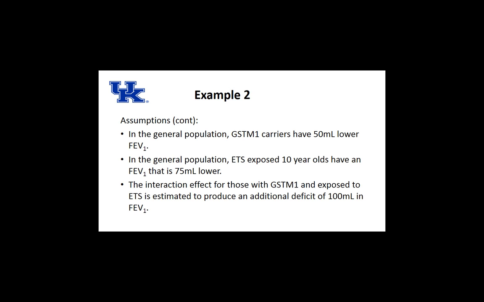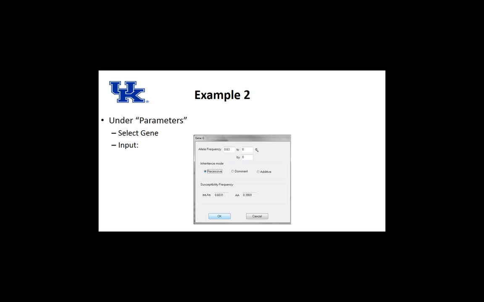Here we're assuming in the general population, those exposed have an FEV1 that's 75 milliliters lower. And then those exposed with the variant have an additional decrease of 100 milliliters for their forced expiratory volume in a second. We can populate those same parameters as before.